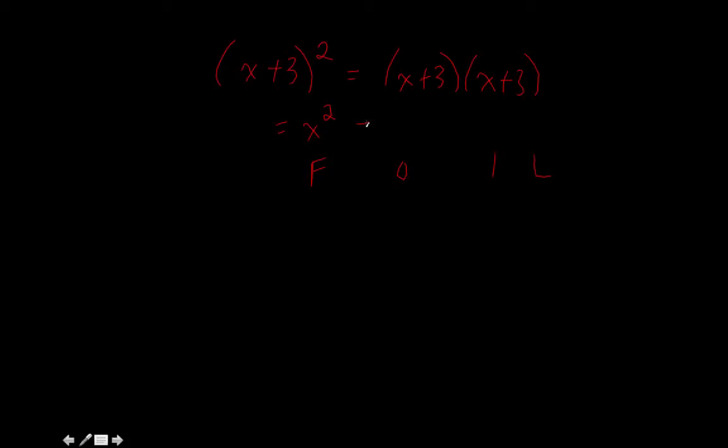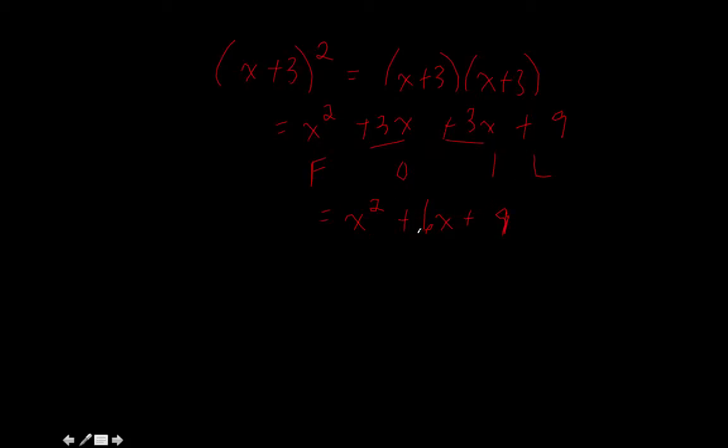Outside is 3x. Inside is also 3x because those are the same. And the last is 9, which is the square of 3. Because the 3 is on the outside and the inside pairs, it happens twice. So for this case, we have x squared plus 6x plus 9.